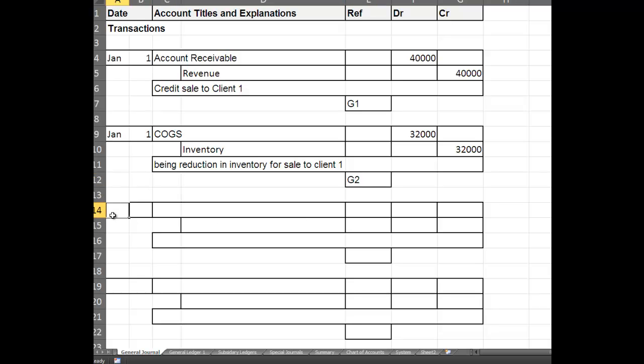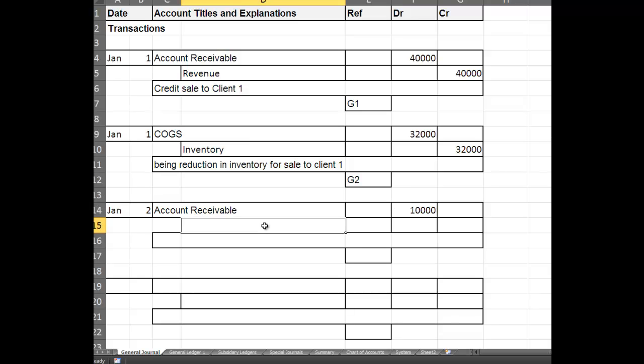Now let me do another one on January 2. We've got exactly the same account receivable, and the account receivable is $10,000. So what have we got?